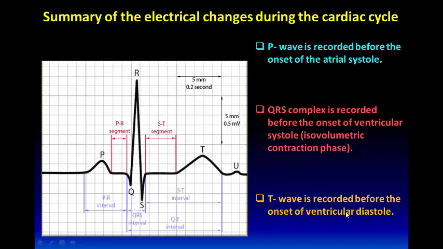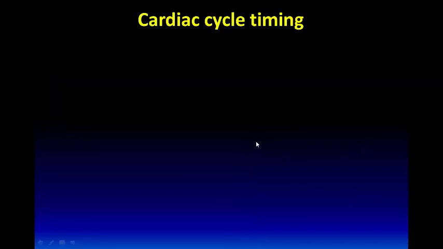In fact, by the end of the T wave, when the ventricles finish with repolarization, the ventricles begin to relax and undergo diastole.